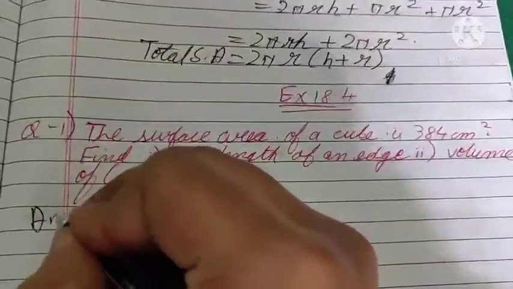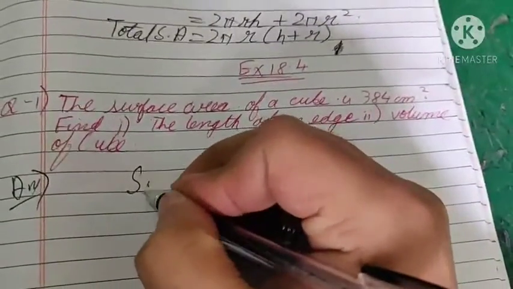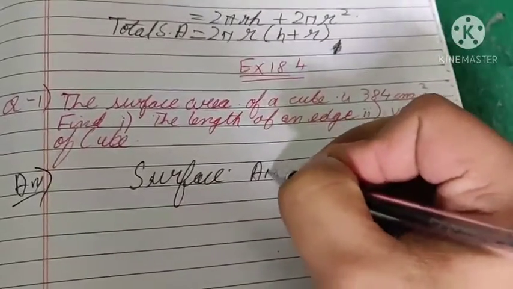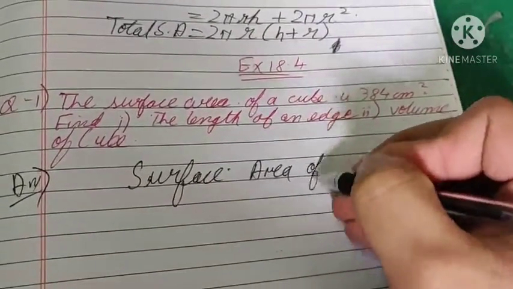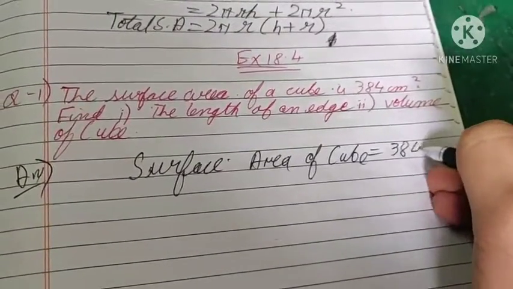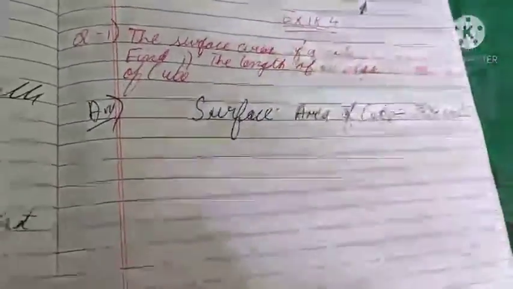So this is our question from exercise 18.4. Our first question is that surface area of a cube is 384 centimeter square. And we have to calculate its length of an edge.